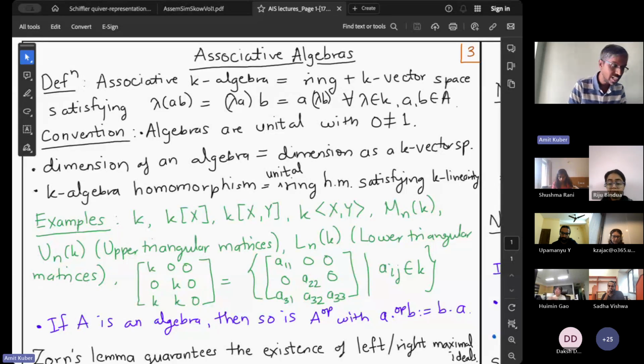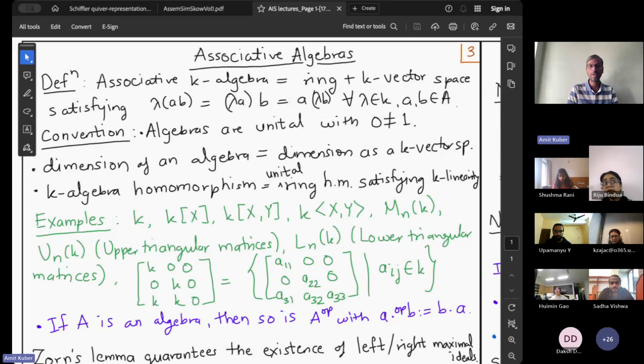An algebra is any K vector space which has a binary operation. If that additional binary operation happens to be associative, then you call it an associative algebra. I'm not going to use anything else apart from associative algebras, so I will stop saying the word associative.